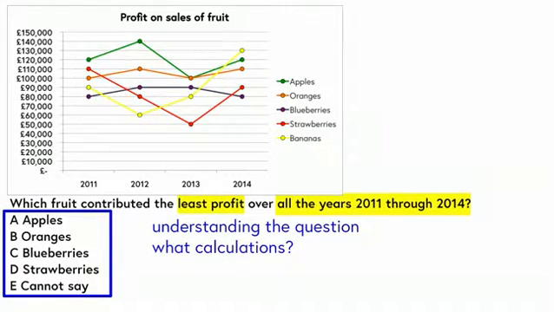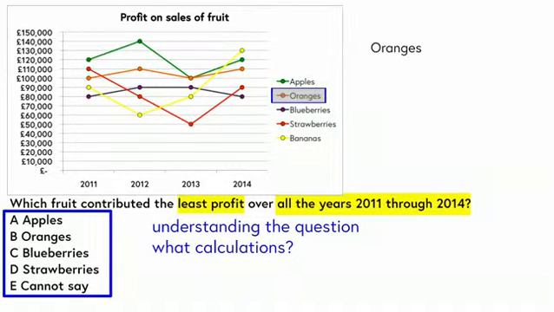You will need to read the points from the graph for each fruit in turn and for each year and make a note of this data. Be careful to be accurate. Then you will need to add together each year's profit data for each fruit in turn, so you obtain a total profit for each individual fruit. All the data you need is given in the graph.